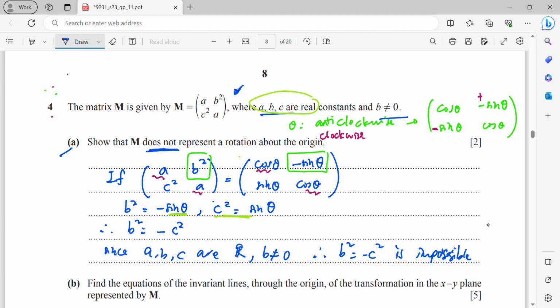So when it is impossible, which means the M does not represent a rotation about the origin. Alright, so that is how we solve the question 4a.